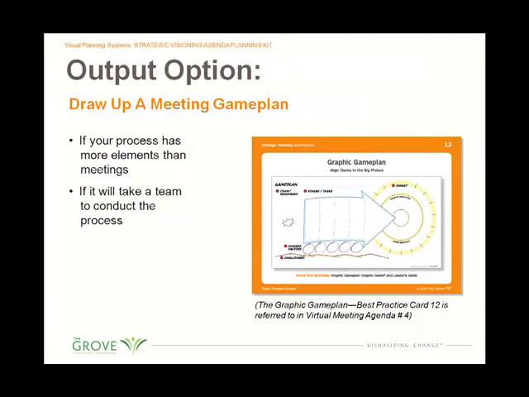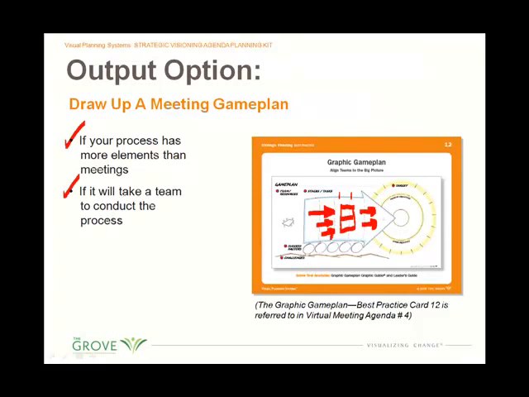If your process has more elements than just meetings in it, and if it takes a whole team to conduct the process, let's just say your strategic visioning offsite is a 2-day offsite that's in one particular week, but you've got a bunch of tasks that you need to do ahead of time and some follow-up activity afterwards.